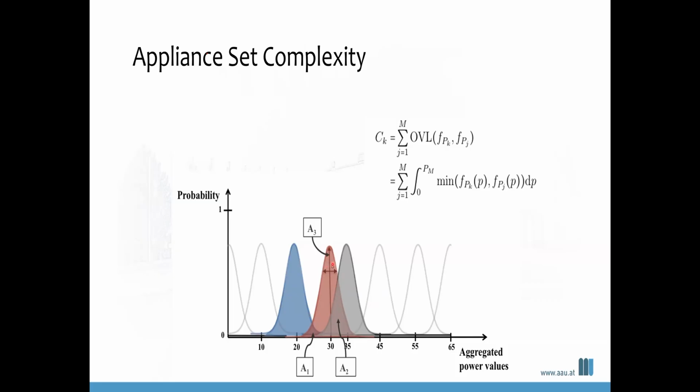So we can calculate these overlaps, and if you model those things as normal distributions, which is quite an assumption, but unless we have further information about the distribution of the values normal distribution would do, then we can calculate the probability that we would mistake one measurement from one device for another one. Based on this, we can calculate the complexity value, and this complexity value would tell us how difficult it would be to disaggregate this.